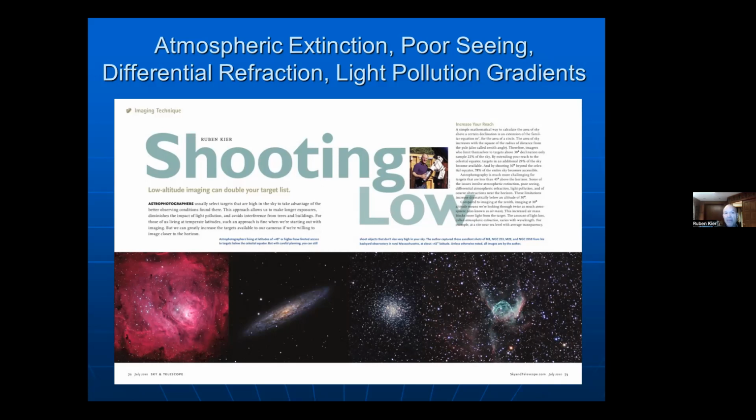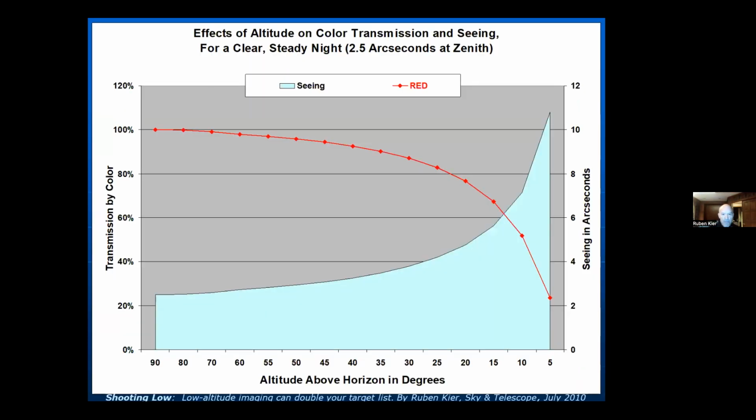You have to think about atmospheric extinction, seeing, differential refraction, and light pollution gradients. All of these make shooting an object low in the horizon more challenging, but you can still get excellent results if you take a few considerations.